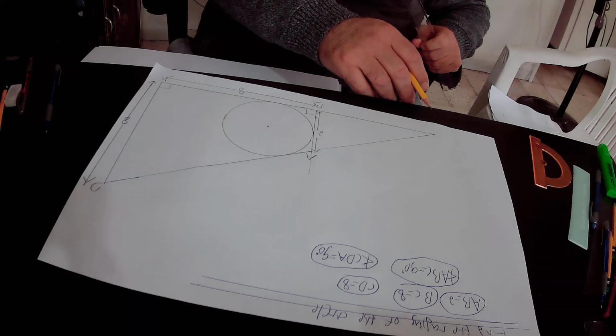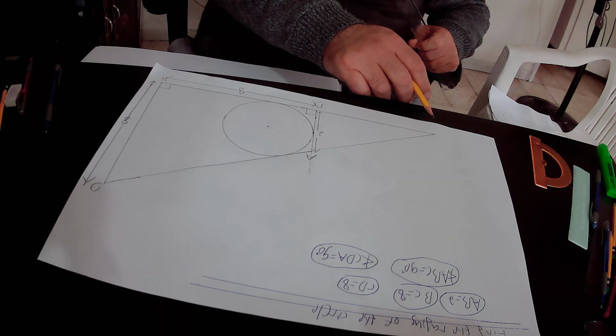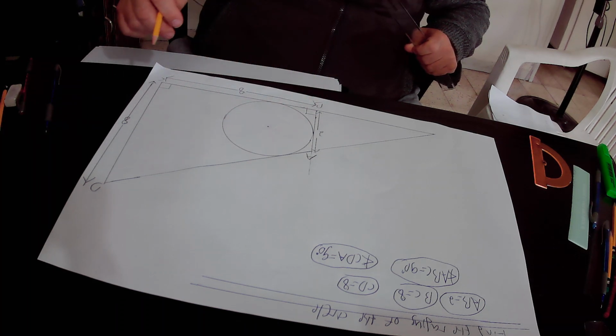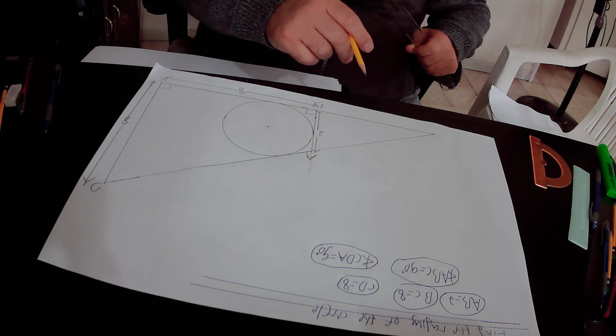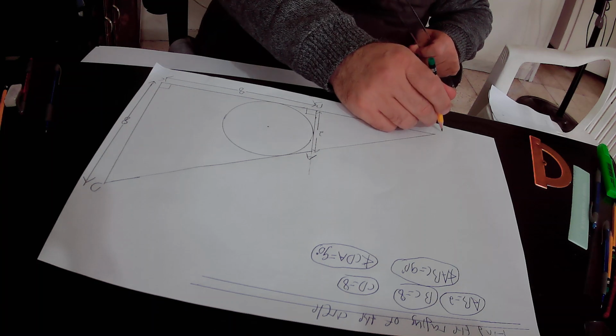So this is their touching point. We define the touching point of the extended side DA and side CB as M.